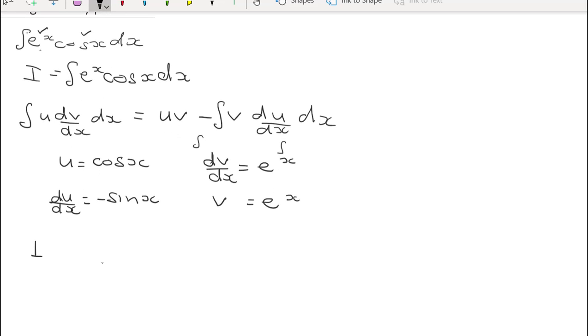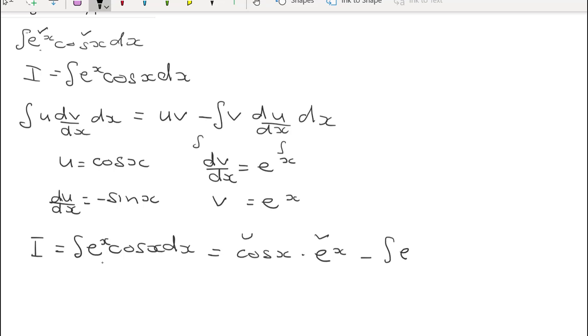Now I, which is equal to the integral of e raised to the x cos x dx, is equal to u, which is cos x, times v, which is equal to e raised to the x, minus the integral of v, which is e raised to the x, times du by dx, which is equal to minus sine x, dx.